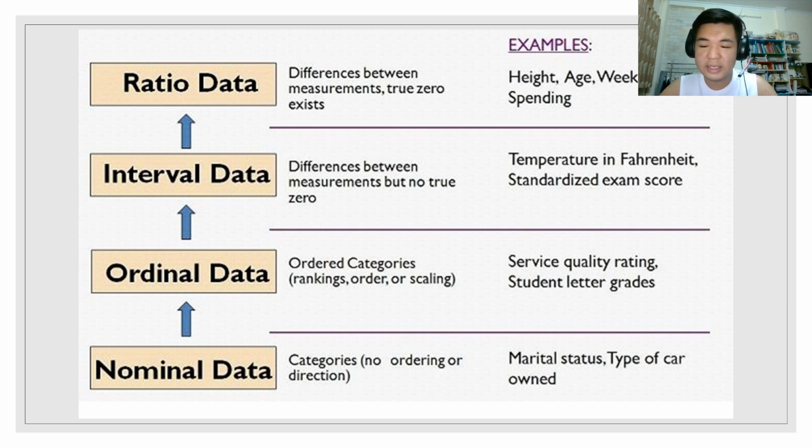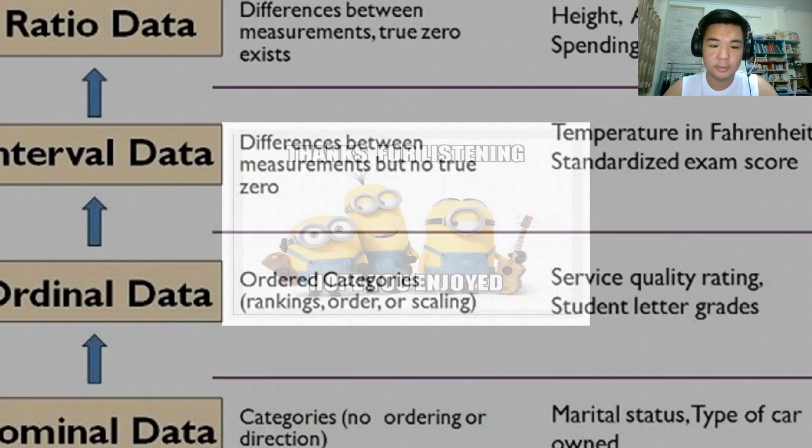The interval scale is like the ordinal scale, plus it has differences between measurements, but it has no true 0 point, used for temperature, standardized exam score. The ratio scale is the same as interval, but now it has the true 0 point and makes more sense of differences, used for height, age, weekly food spending.